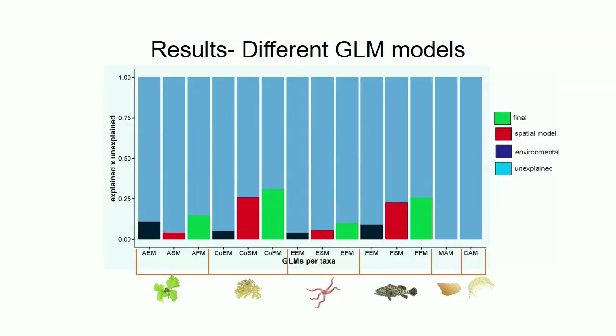But for the other groups, for example cnidarians and fish, we have good explanatory power from the spatial modeling, whereas for algae we had a better explanation with the environmental variables.